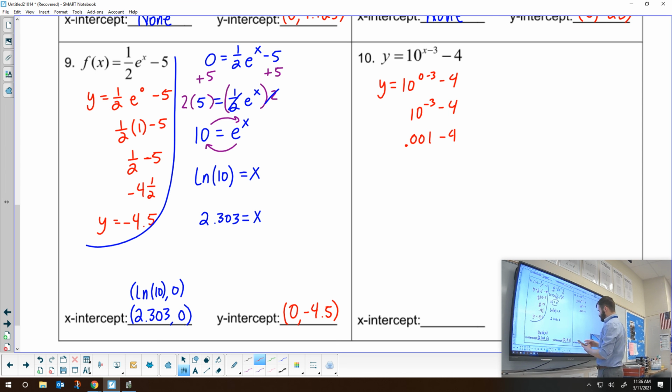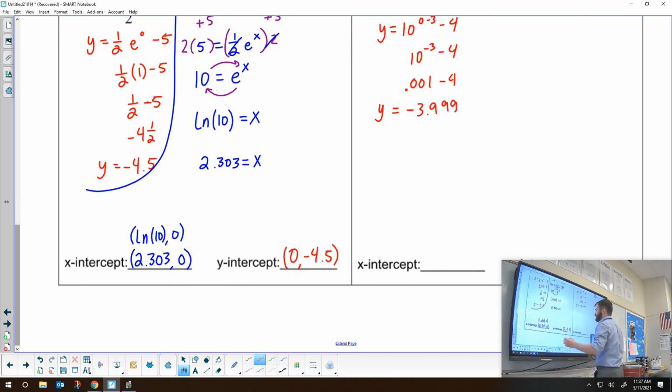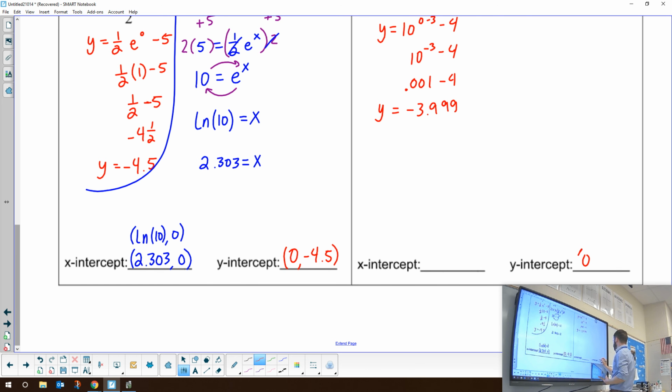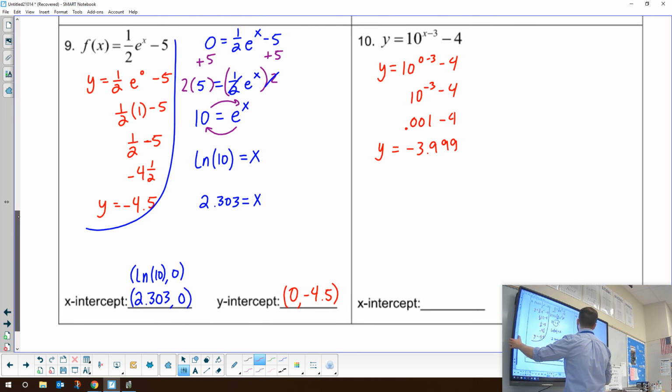And so that's going to give me negative 3.999. So that's my y-intercept. We come down here and write this in. My y-intercept is going to be 0, negative 3.999.